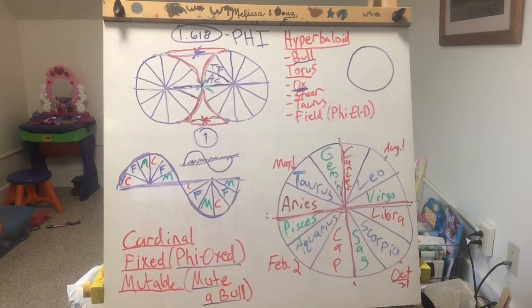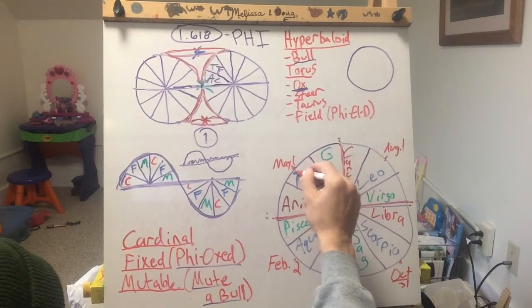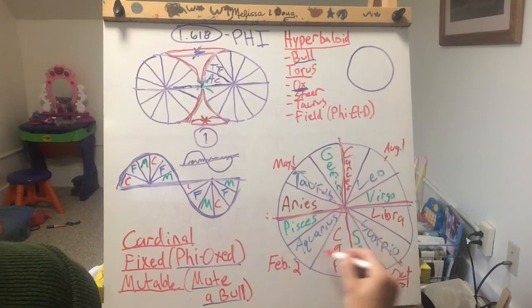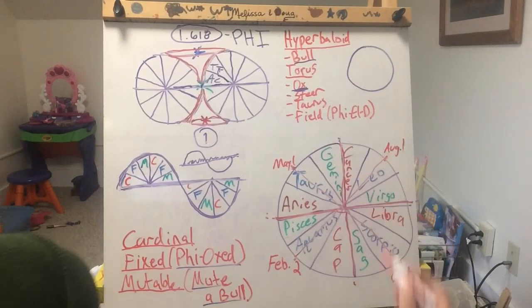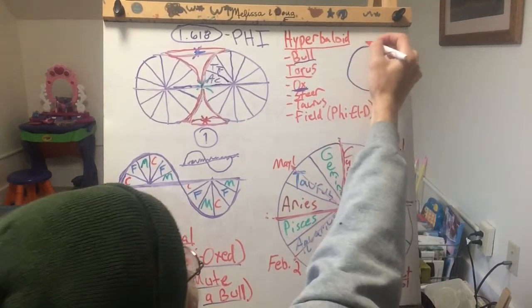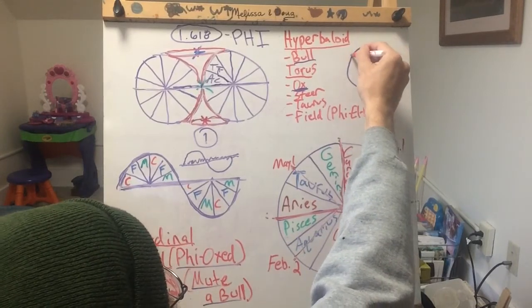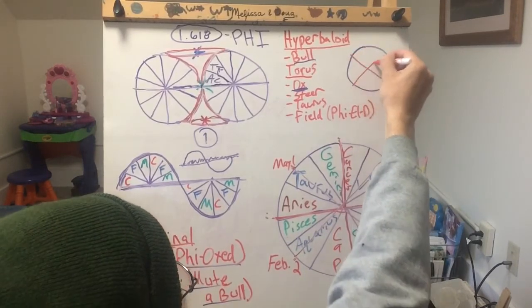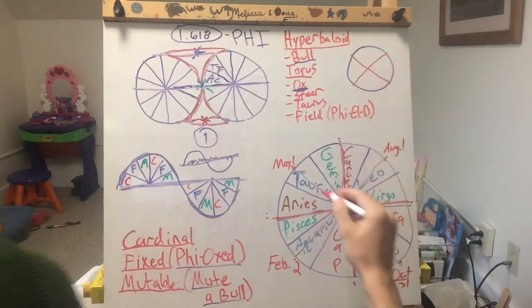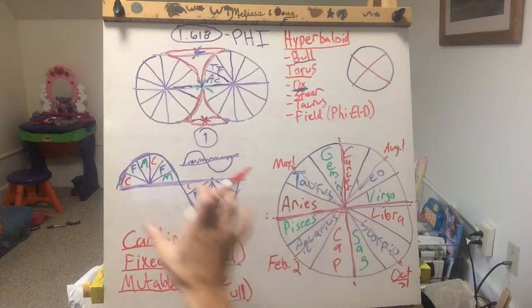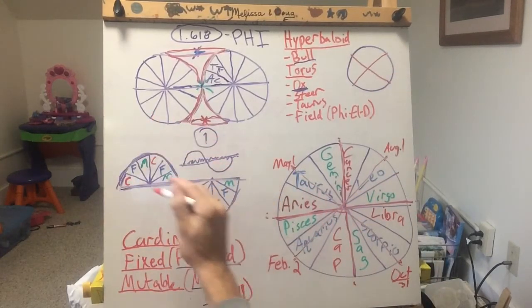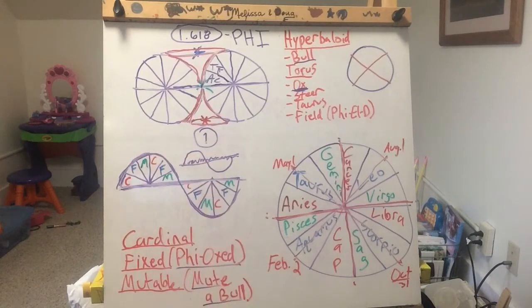But what we have is, these are the fixed signs. And what that does is create this X. Going back to there is no wave until you've got the fixed signs.